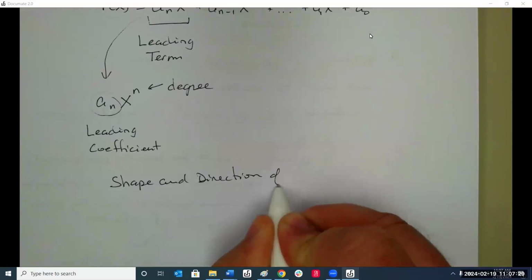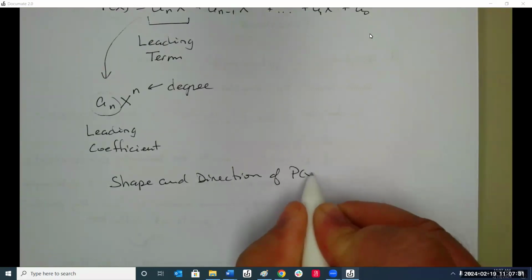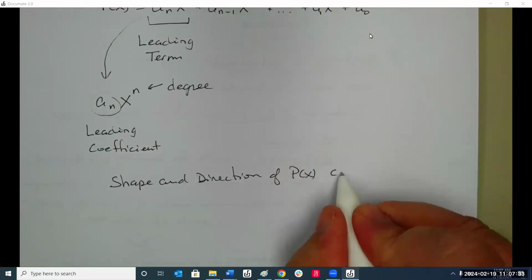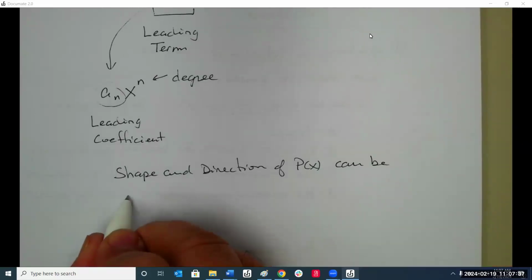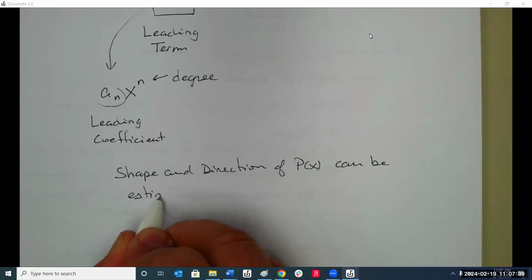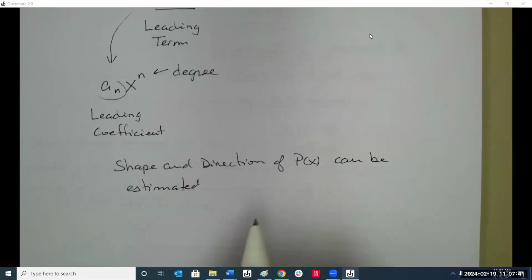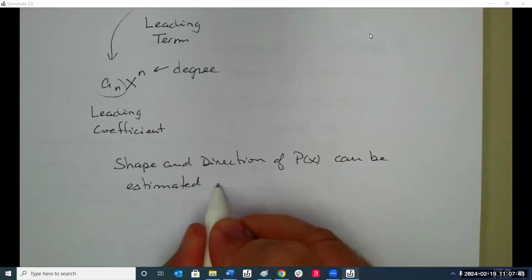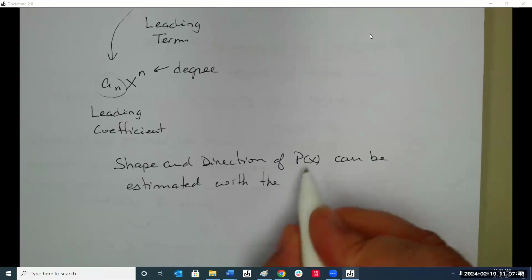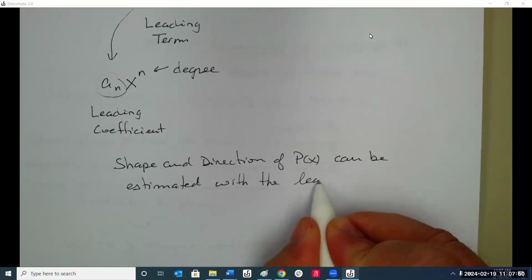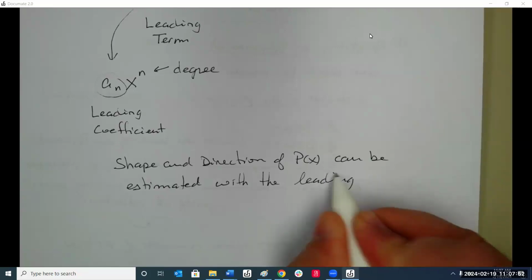The shape and direction of the polynomial can be estimated with the leading term.